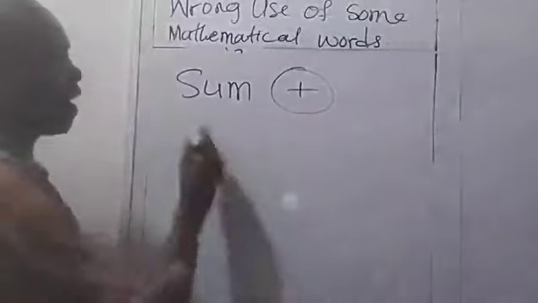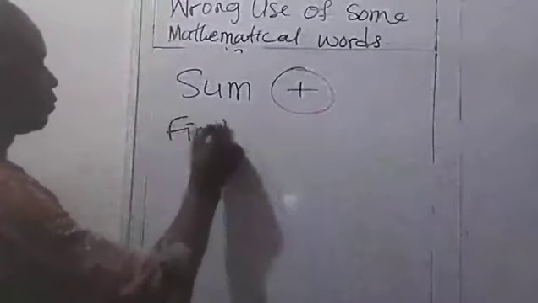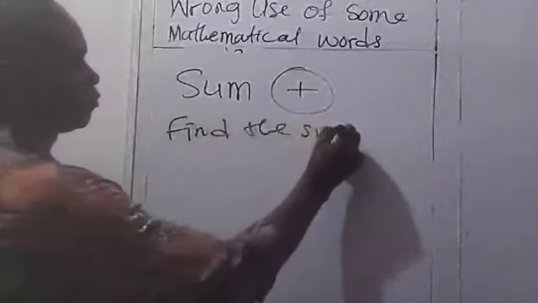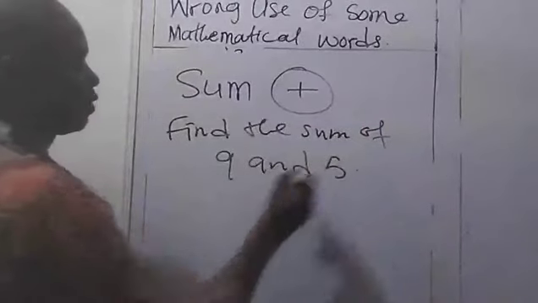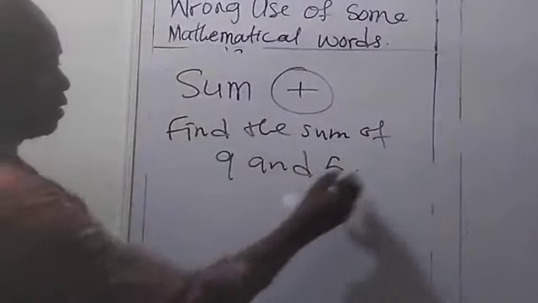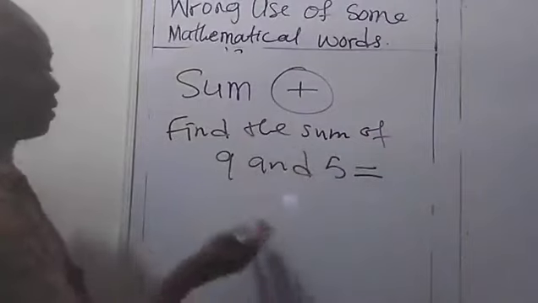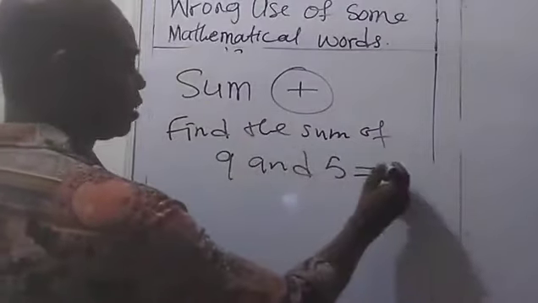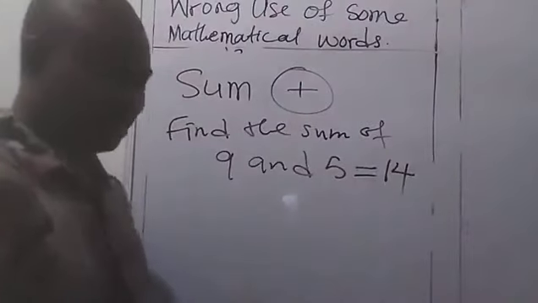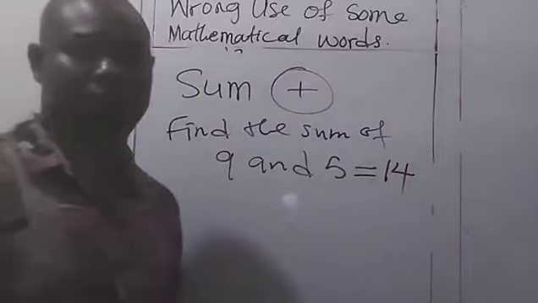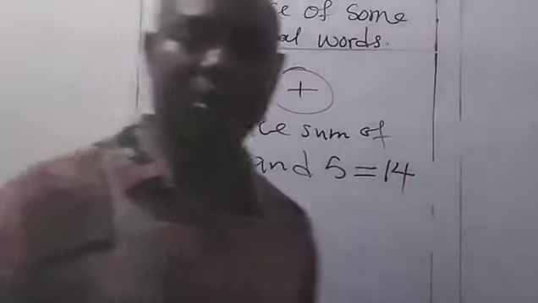So the sum of 9 and 5 is equal to, this is just mental math, 14. We cannot say the sum of 9 and 5 is equal to 9 plus 5. Ignorantly, we make use of it.